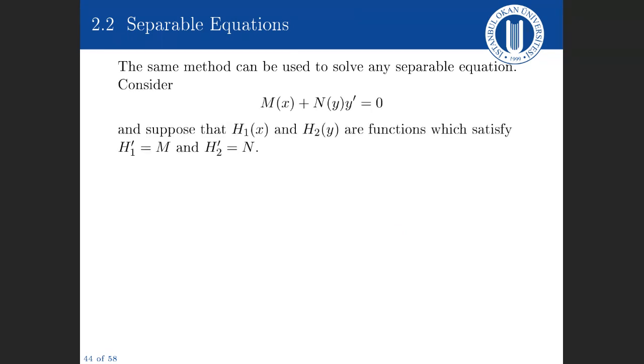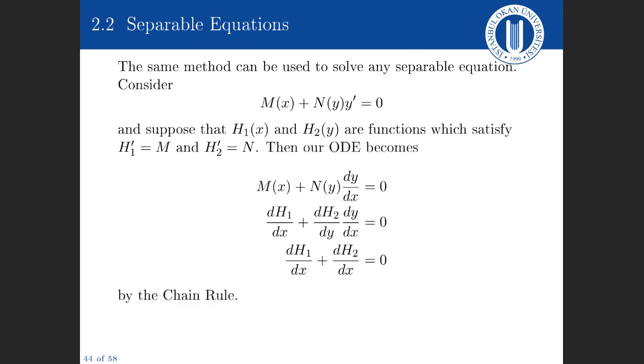This same method can be used to solve any separable equation. If we start with M(x) plus N(y) y prime equal to 0, suppose that we have two functions, h1 and h2, which are antiderivatives of M and N. Then we can write our differential equation as dh1/dx plus dh2/dy dy/dx equal to 0.